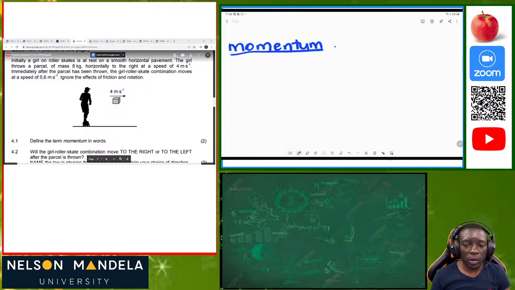So the momentum of an object of mass m is the product of its mass and its velocity. So it's the product of the mass and its velocity.